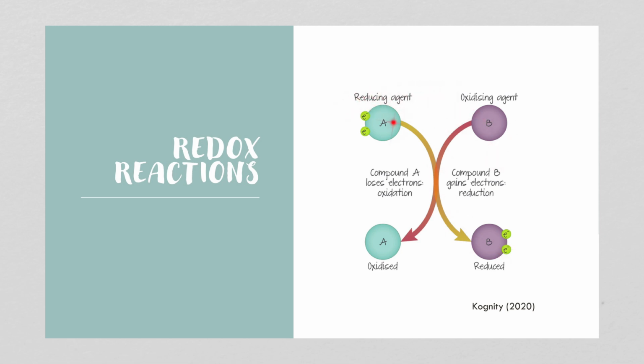So the thing that gives up the electrons is reducing the thing that's gaining the electrons. And the thing that's going to gain the electrons is oxidizing the thing that's going to, in the end, lose the electrons. So compound A had 2 electrons that it could lose, and it lost it to compound B. So compound A is oxidized, and compound B, because it gained electrons, was reduced.